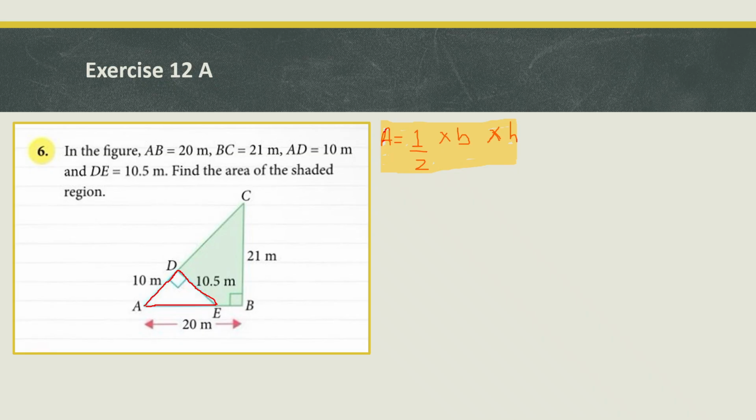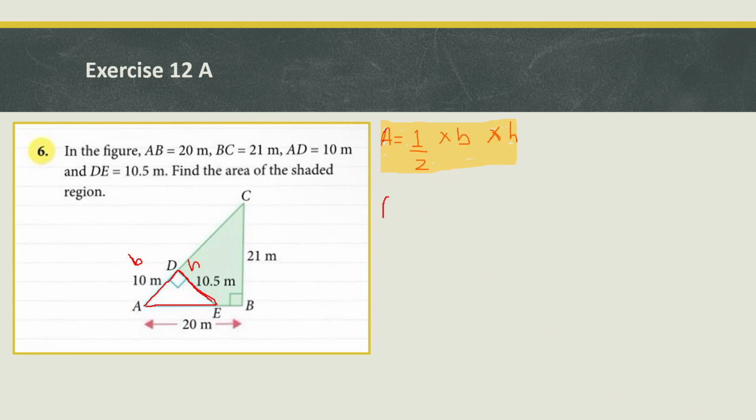Now see, this is the height and this is the base. We cannot use this side as a base or height, because the side opposite to 90 degrees is always called the hypotenuse. So there is no use of hypotenuse in the area formula, right? So we will use these two measurements.